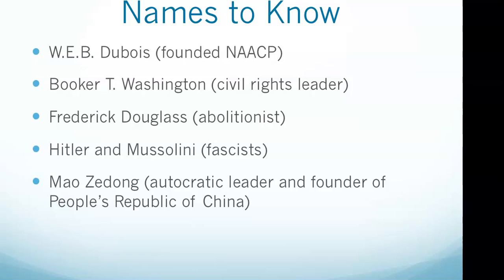And then Hitler and Mussolini were both fascist. Hitler was a Nazi, but Mussolini was the leader of the Italian National Fascist Party. Okay, so if you're thinking in terms of questions, it's possible they're like, W.E.B. Du Bois, Booker T. Washington, and Frederick Douglass all have some similar characteristics, in that they were all civil rights leaders.